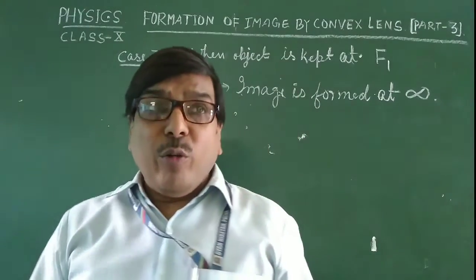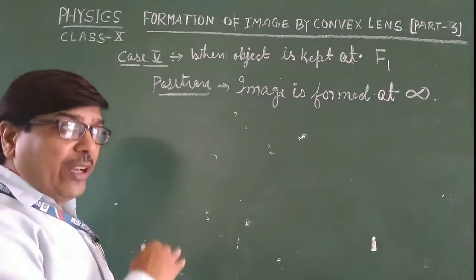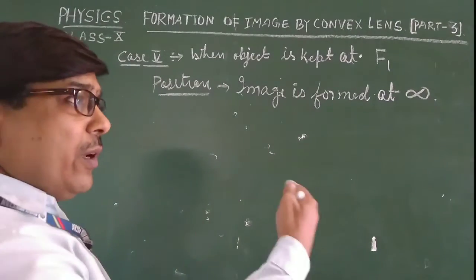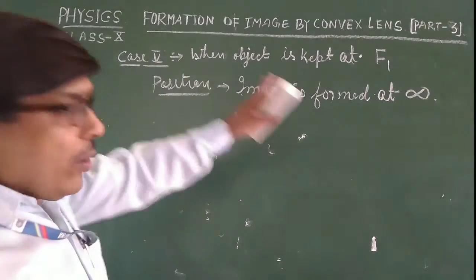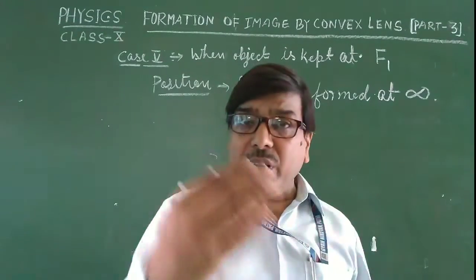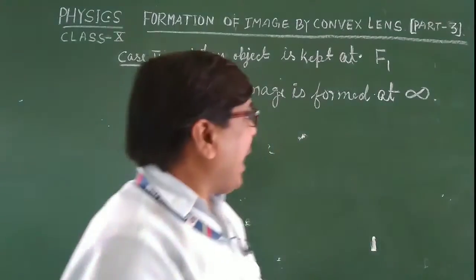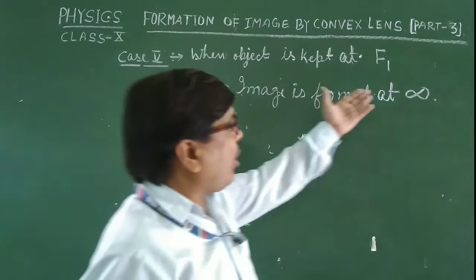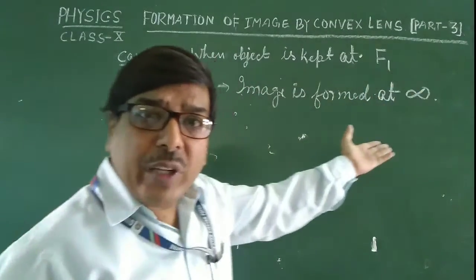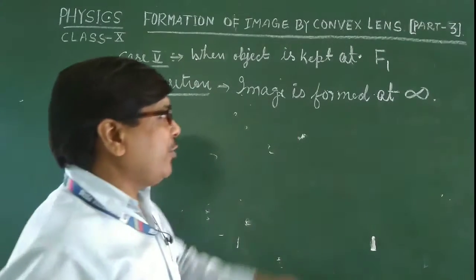As we know, when the object is kept at infinity, its image is formed at focus, and vice versa. If the object is kept at focus, its image is formed at infinity.